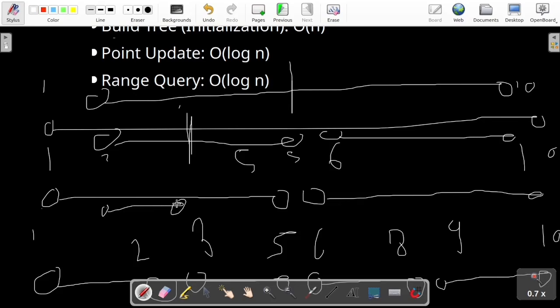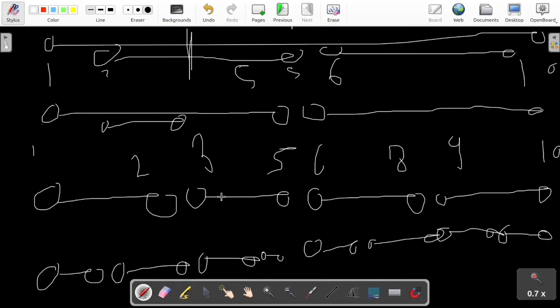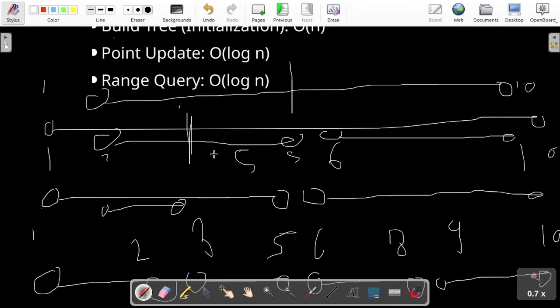At the bottom, you will be processing this range and this range, one from here to here.